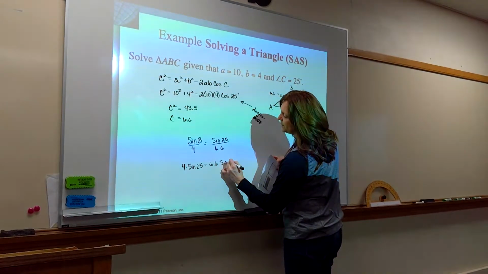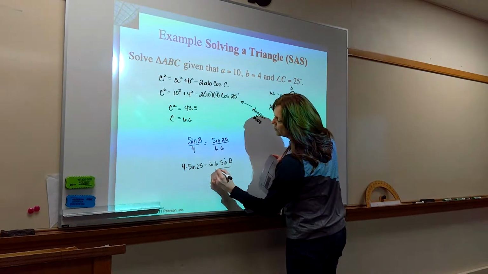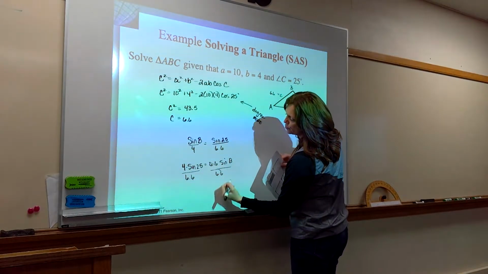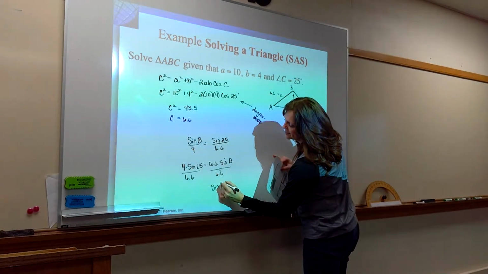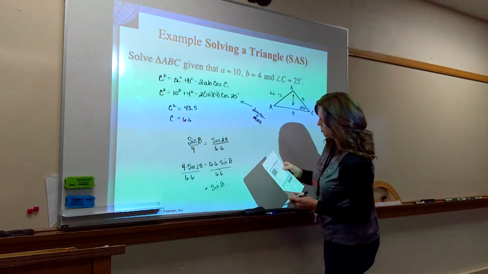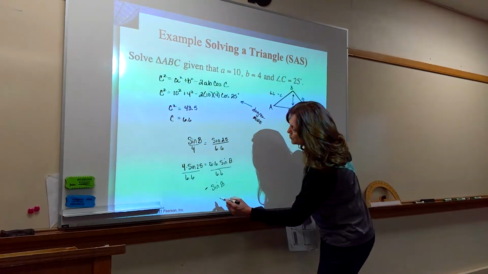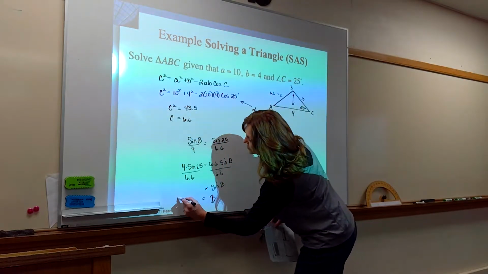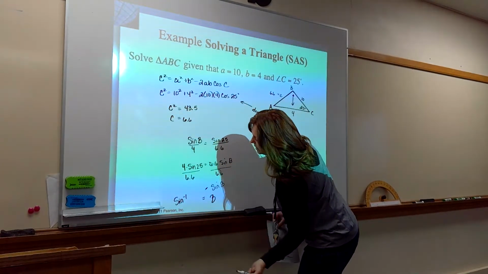6.6 times sine B. And then to solve, you would divide by 6.6 on both sides. And you get sine B equals some little decimal value, but don't forget to find angle B, you have to do inverse sine, right?